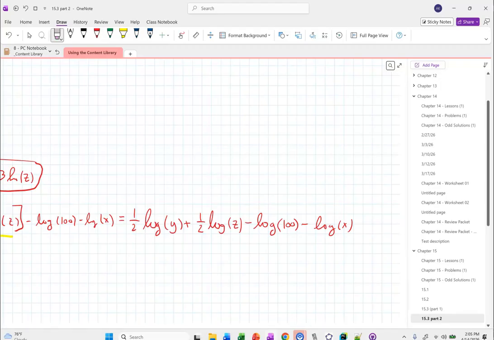Here's the catch though, guys. Trick number 3. This isn't done. There's one more piece that you can do here.